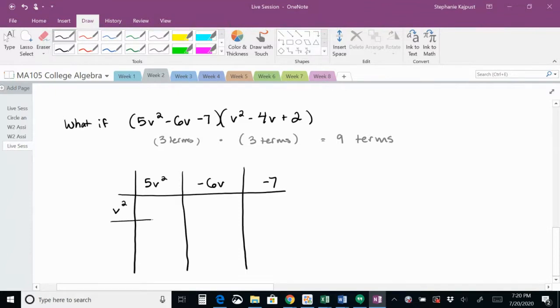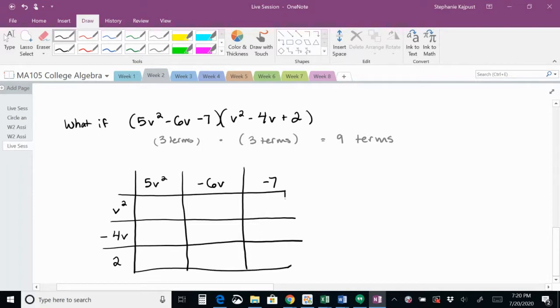So we have v squared, negative 4v, and 2. So this gives me a grid, basically, and I have 9 boxes that I have to fill in. So I know that if I multiplied these and I didn't fill in all my boxes, that I made a mistake somewhere. So this helps you keep track and make sure that you've multiplied everything and you've multiplied what you're supposed to.